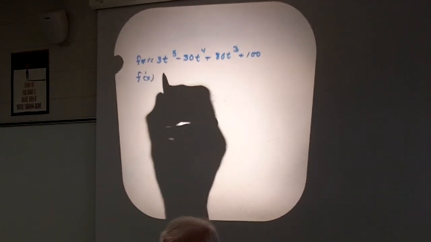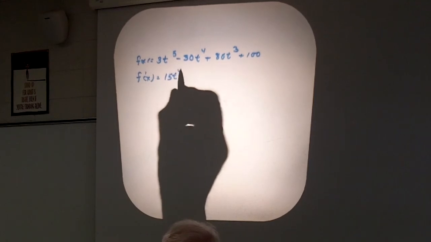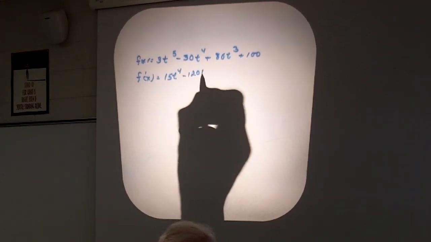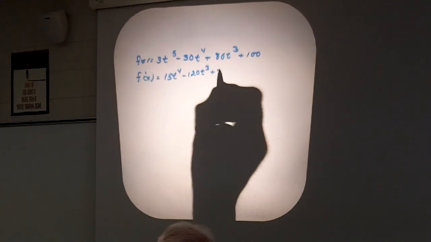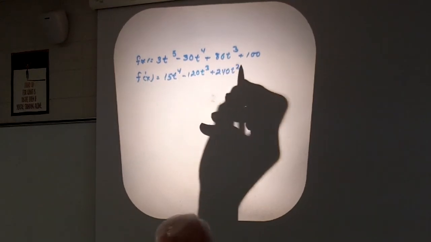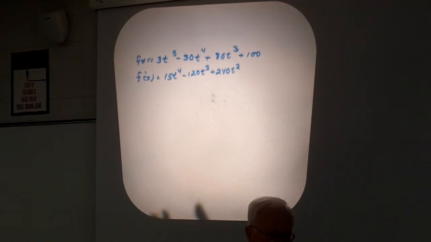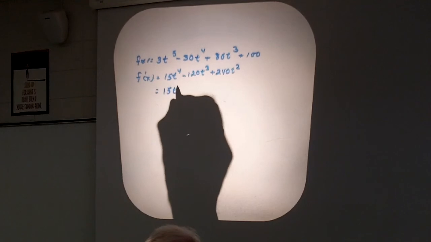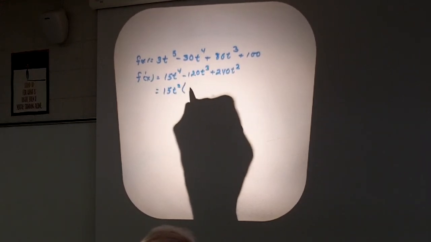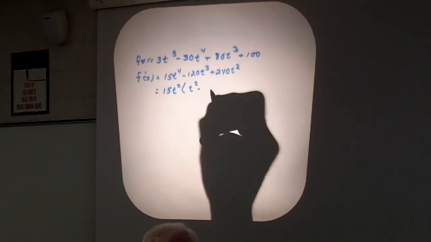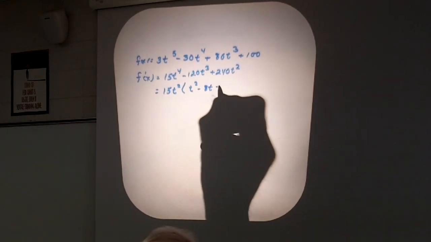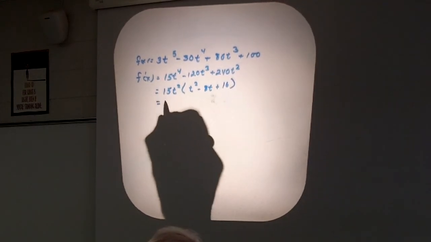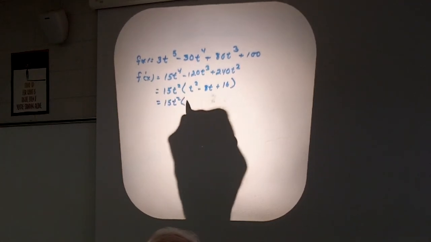First derivative is what? 15t to the 4th, 120t to the 3rd, 240t squared. Okay, what common factor all the way along? 15t squared. And so then you get t squared minus 8t plus 16, which is t minus 4 squared.